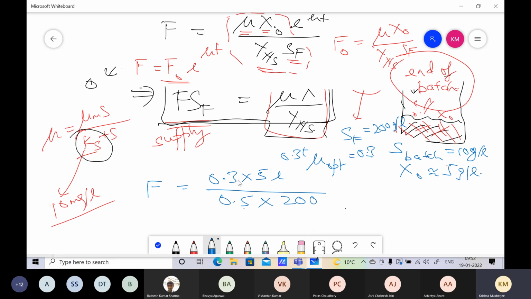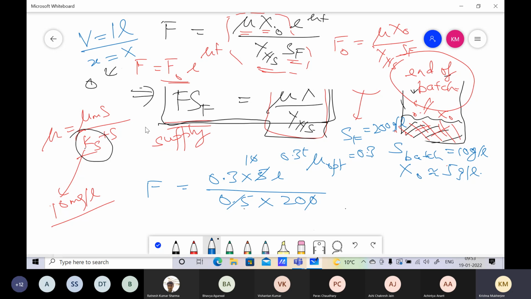Okay? This is done. What is it? 0.5 times 10... 0.3 by 20, right? 0.3 by 20, and let me choose the volume as 1 liter, so that X and X are the same.